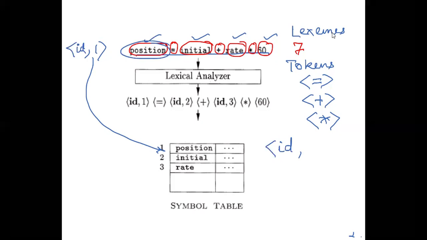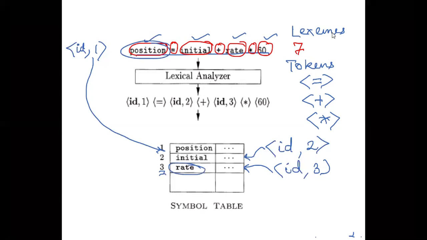Similarly, for initial, that is also an identifier, and its position in the symbol table is 2. Then for rate, I have ID 3, which points to location 3, where rate appears in the symbol table. So these are the tokens.